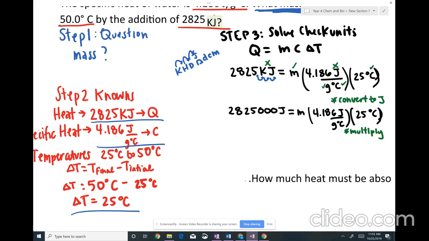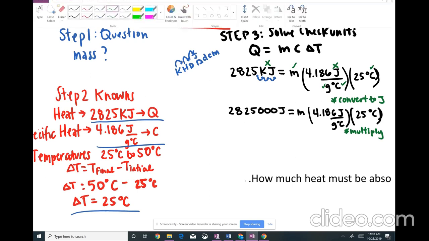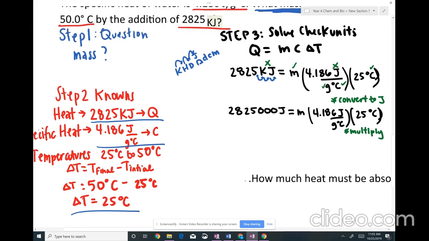So 4.186 times 25. I multiply that, and I get 104.65 joules over grams degrees Celsius.